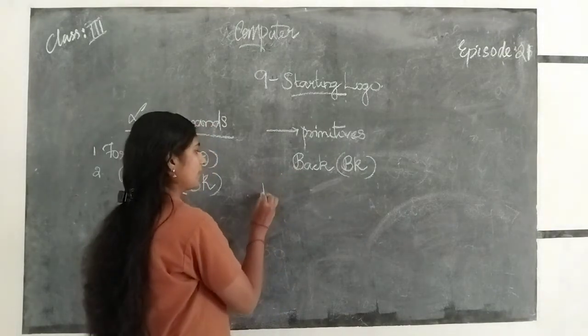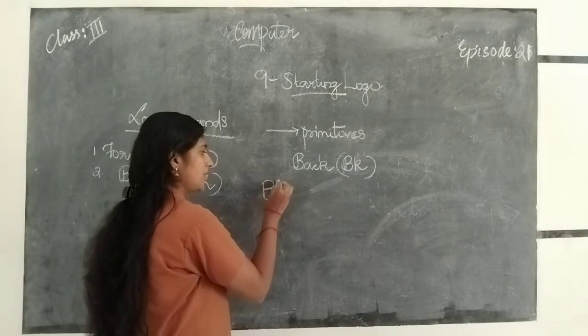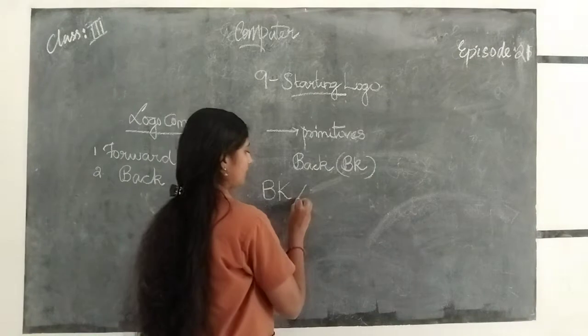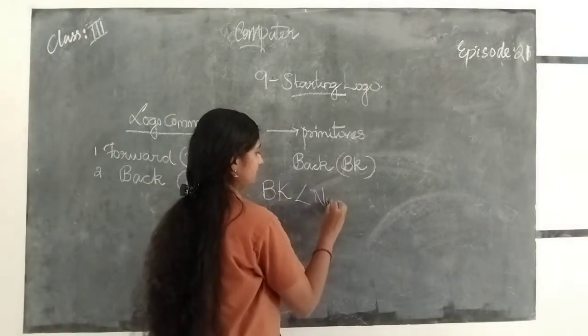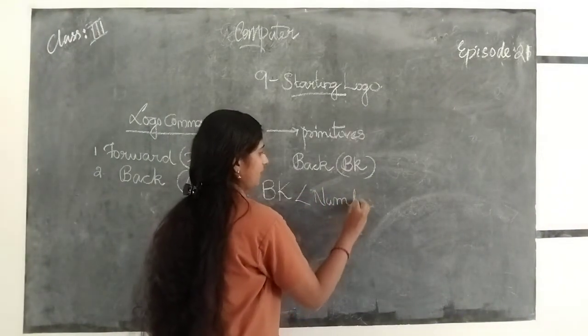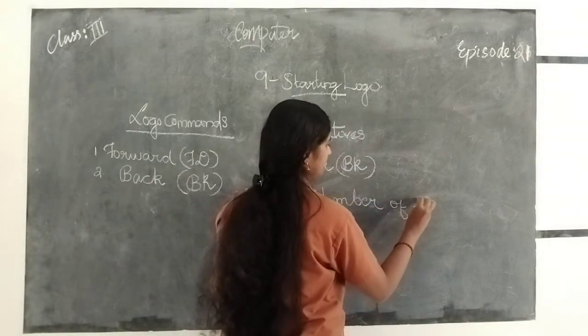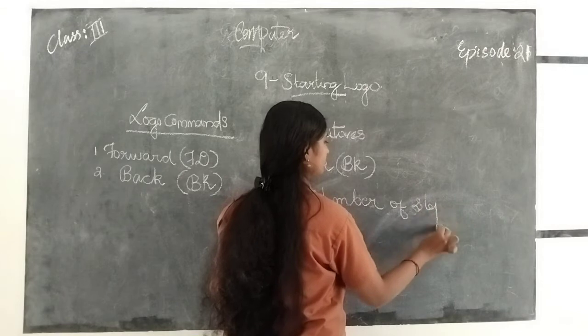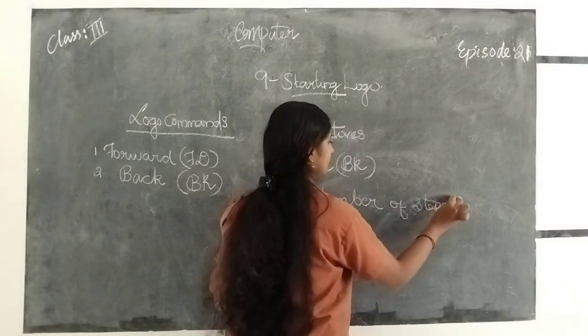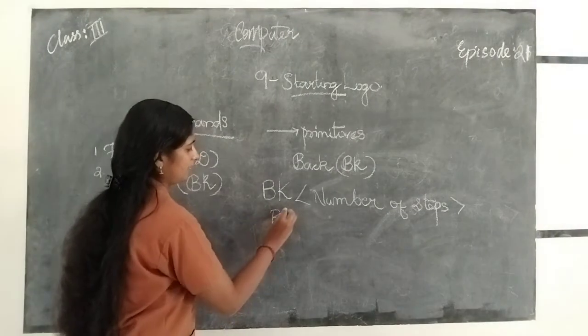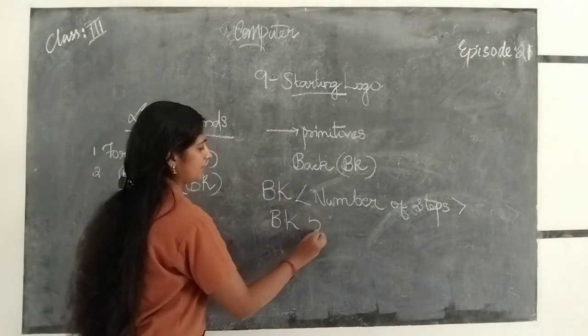So the back command is the second command, used to move backward by the required number of steps. Here the syntax is BK, then number of steps. Example, BK 50.